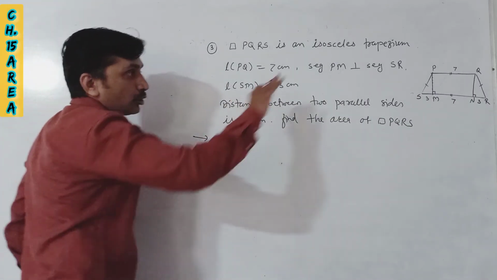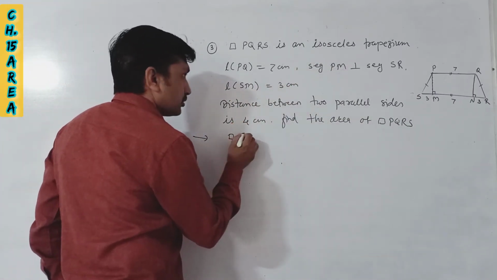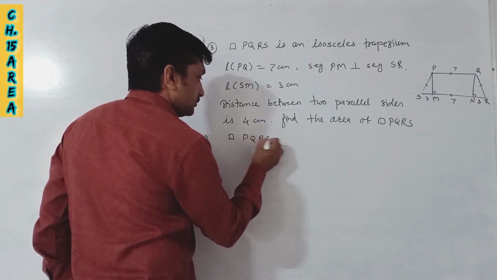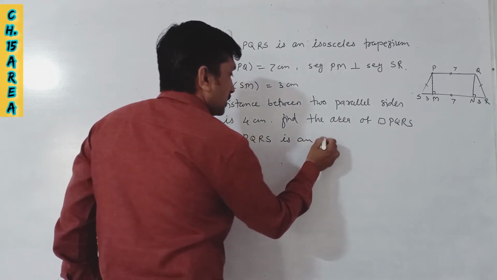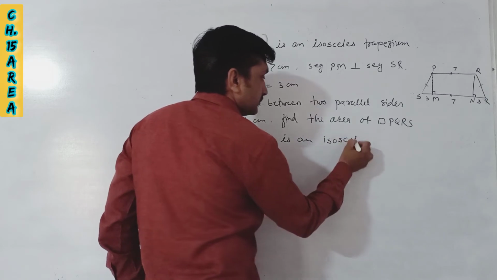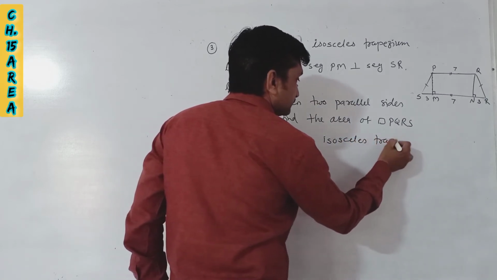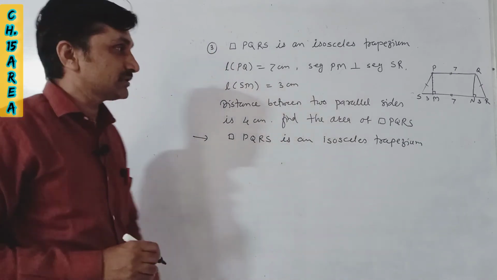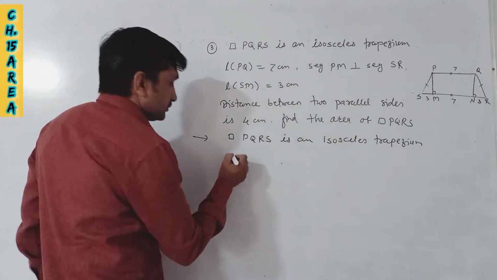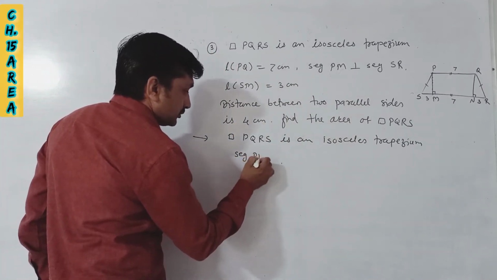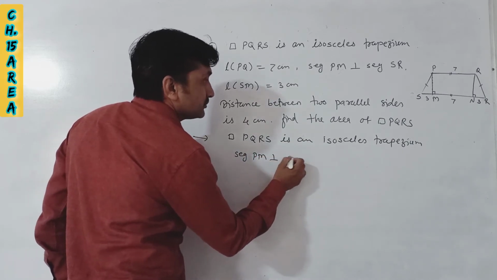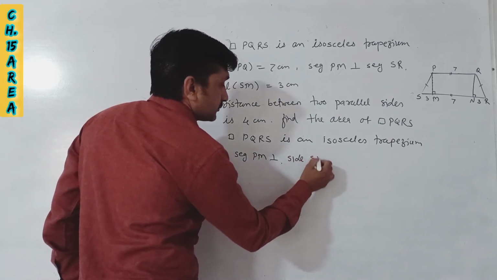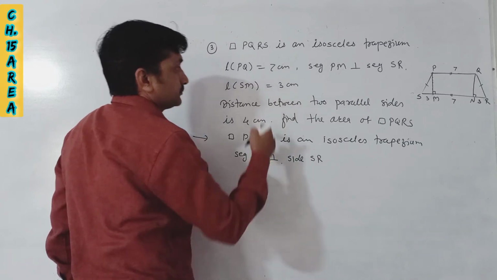Now here we have to write all that is given. Quadrilateral PQRS is an isosceles trapezium. Seg PM is perpendicular on side SR. It is given here.